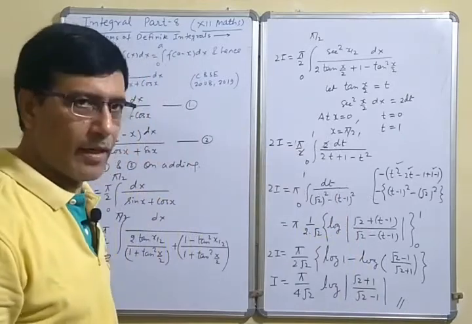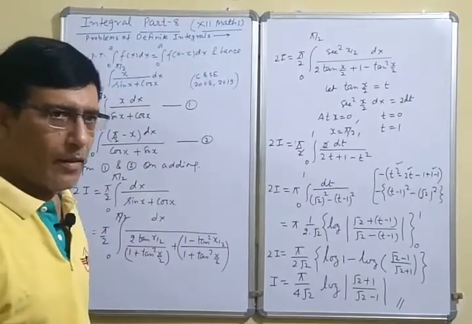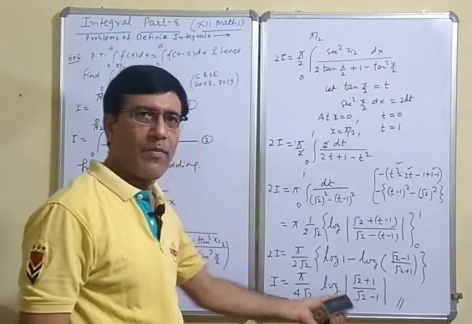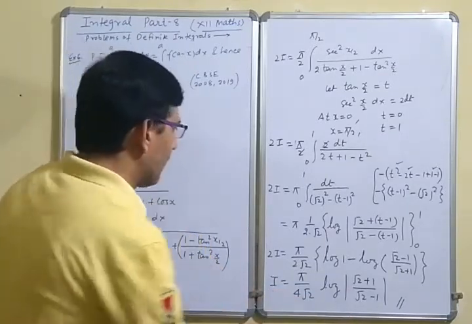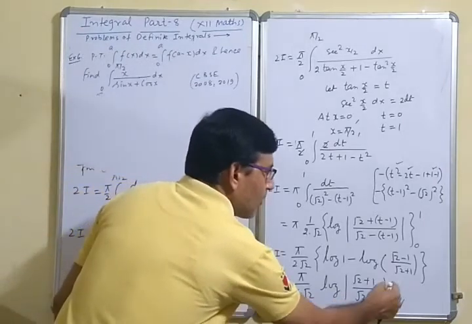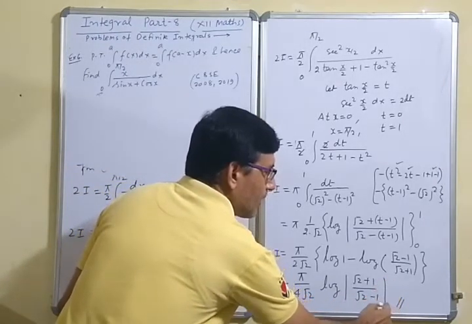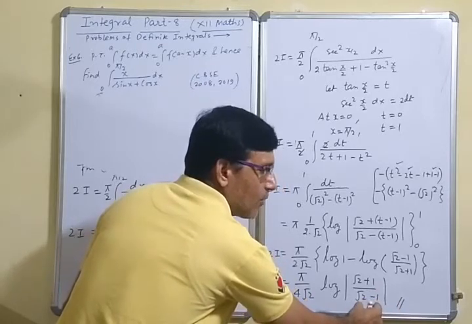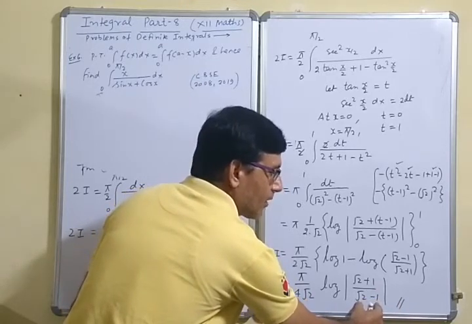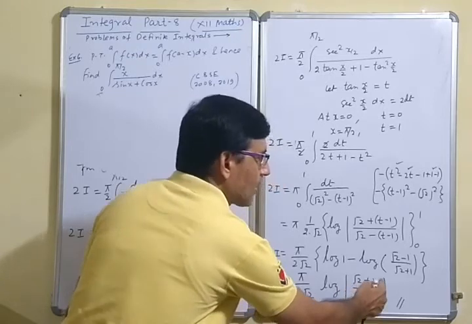Now let us see the next example. If you want to simplify more, you can multiply by root 2 plus 1 upon root 2 plus 1. So a plus b times a minus b, root 2 plus 1 times root 2 minus 1, is 2 minus 1, that is 1, and the numerator becomes root 2 plus 1 whole square.